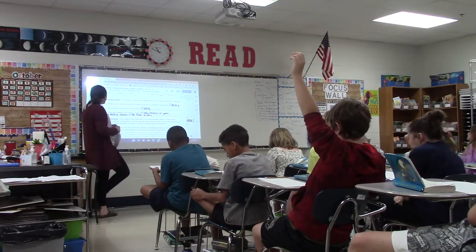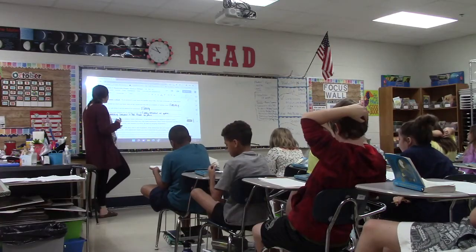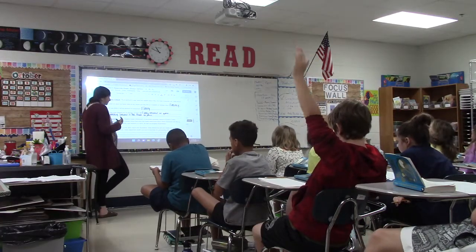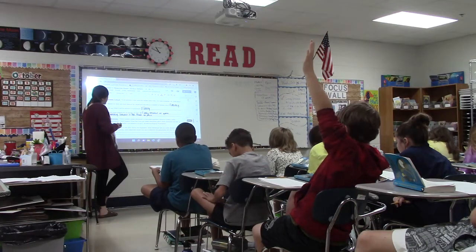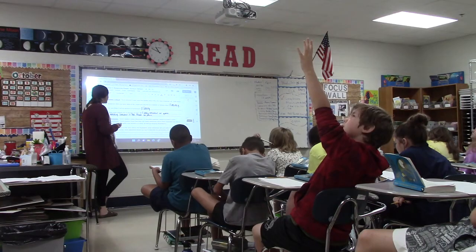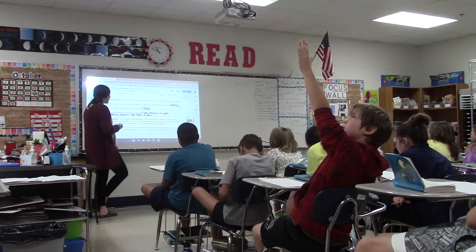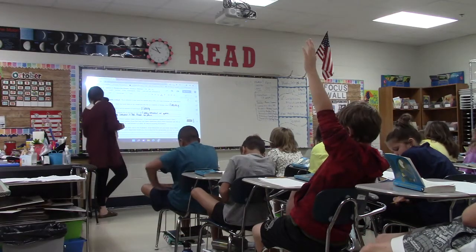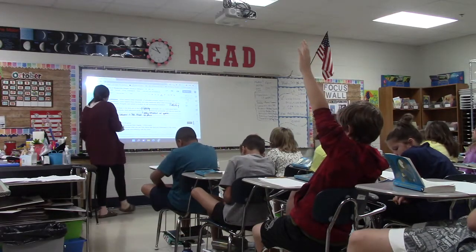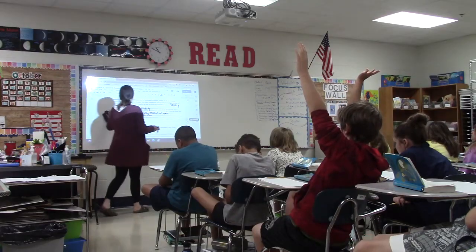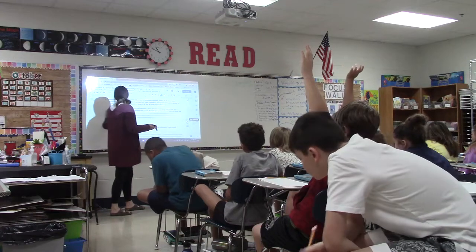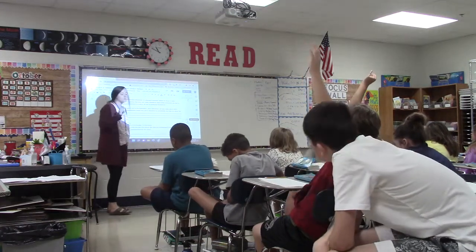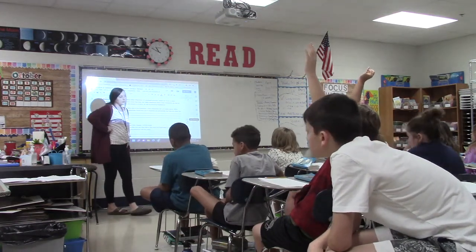So number 15 is, based on the clues in the story and the illustration, what inferences can you make about Milo's traits? In other words, what adjectives could you use to describe his personality and how he views the world? What are some adjectives or quotes from the story we could use?